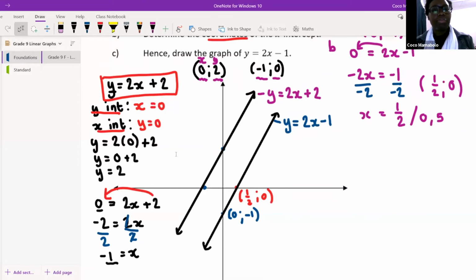Ma'am, for that 0, when you wrote 0 equals 2x plus 2, were you not supposed to carry down the 0 and minus it by that 2, -2? Oh, okay. Yes, I can. I absolutely can. But remember, 0 doesn't really add anything. What's 5 plus 0? 5.